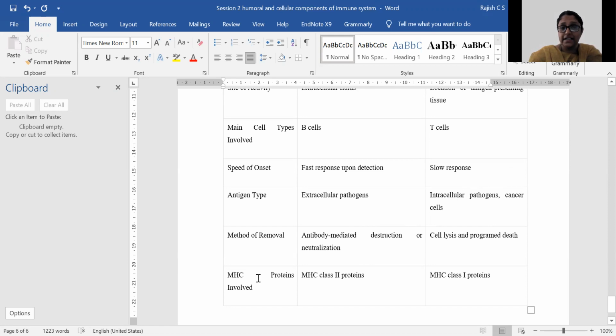And the major histocompatibility complex proteins involved are MHC class 2 proteins, as I had said, for humoral, and MHC class 1 proteins for cell-mediated immunity.